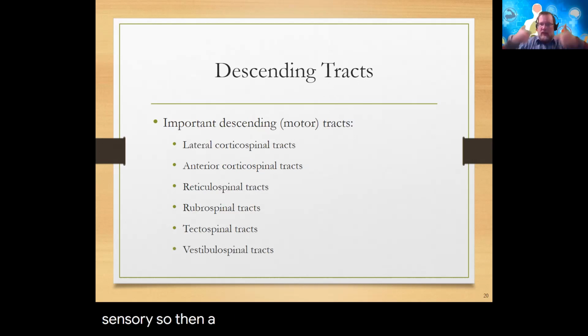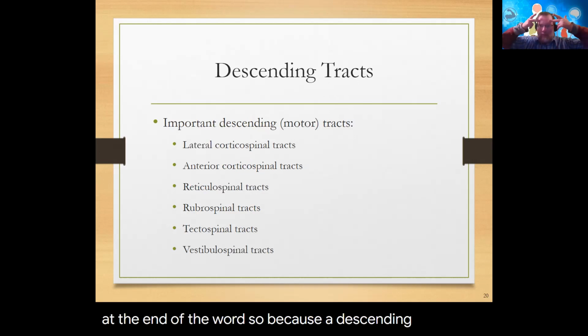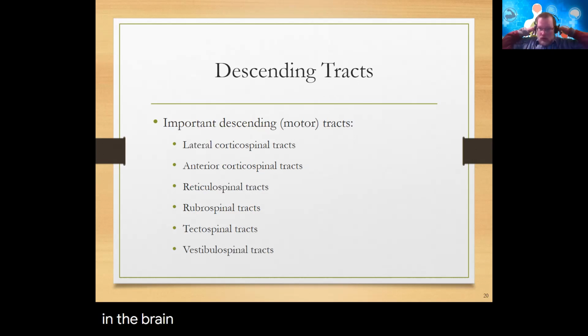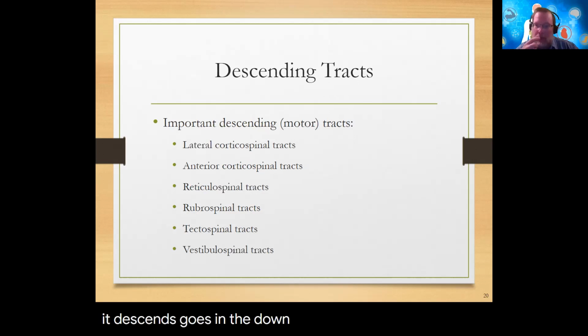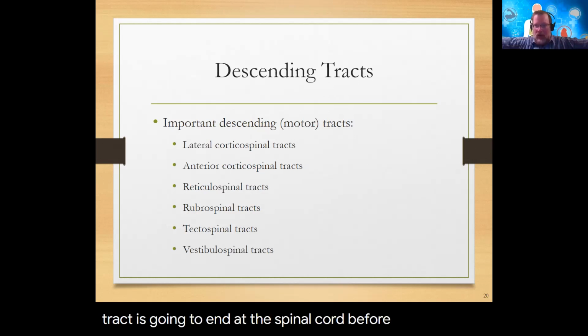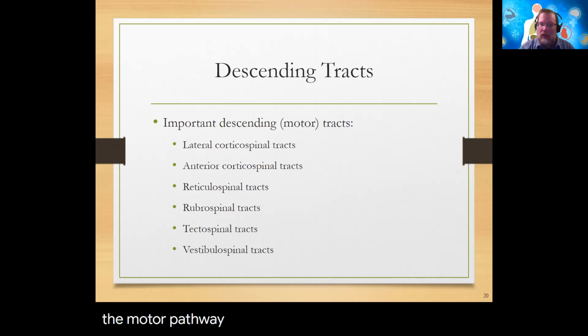Then a descending tract is going to have spinal at the end of the word. Because a descending tract starts up in the brain or cerebellum, somewhere up here, and it's motor, it descends, goes in the down elevator. So a descending tract is going to end at the spinal cord before it travels out the motor pathway.